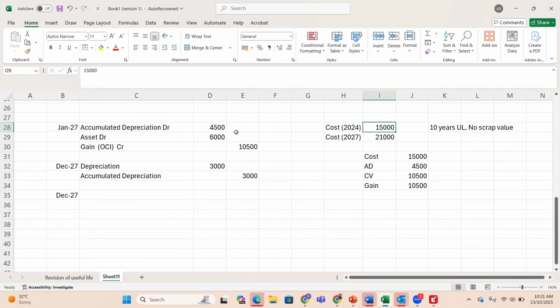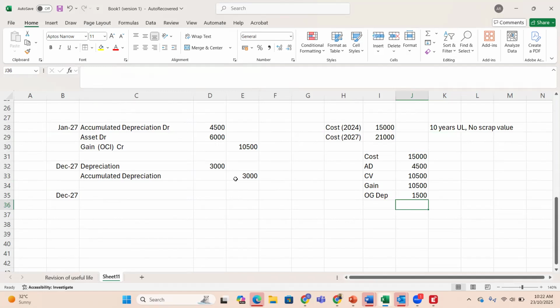Correct. What was the original depreciation? 1,500, right? How did I get it? 15,000 divided by useful life. Correct. Now, the depreciation charge to the P&L is becoming 3,000 only because of what?